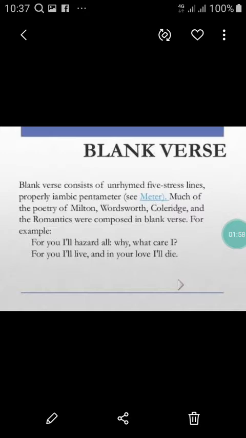Some poets write A B B C like that. They write in quatrains, sestets, octaves. But over here you are not going to follow that. It's free of rhyming, but it follows certain meters. Meter means iambic pentameter, and usually it is found in iambic pentameter.